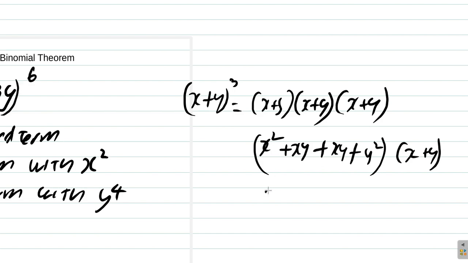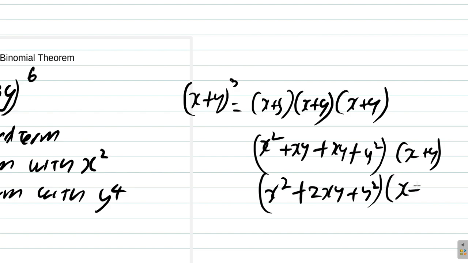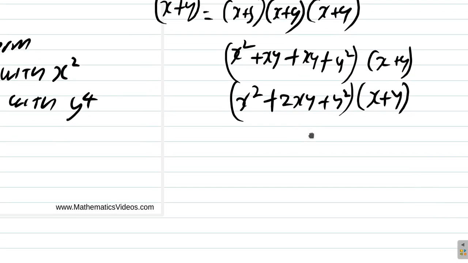Then you say x squared plus xy is 2xy plus y squared. You could see the pattern from there, but you could expand again just to see the pattern more clearly.